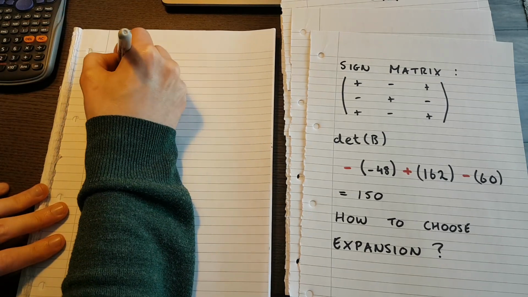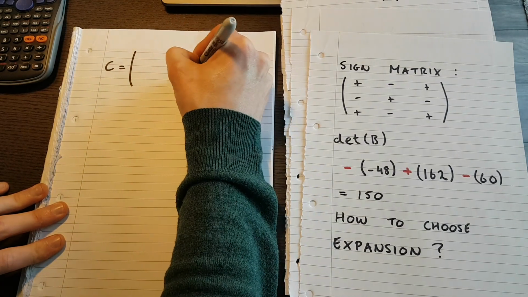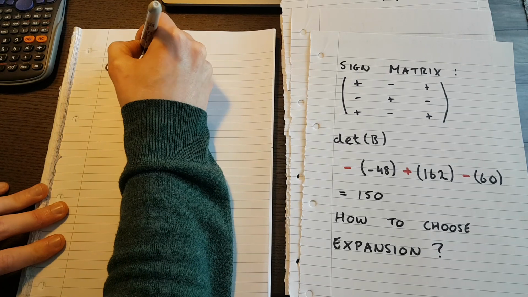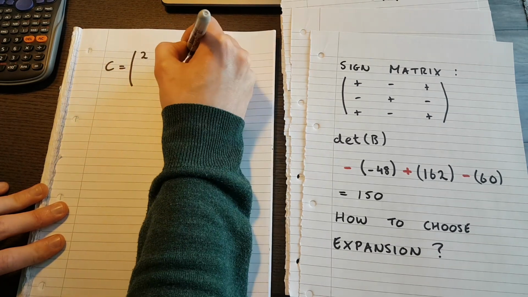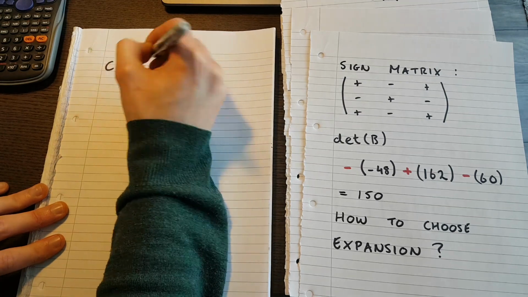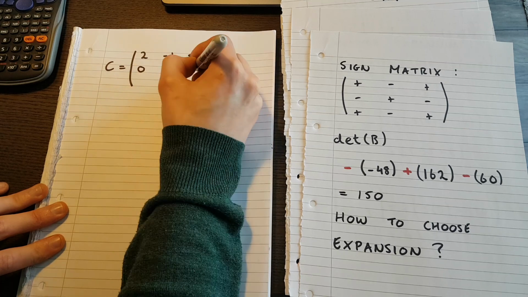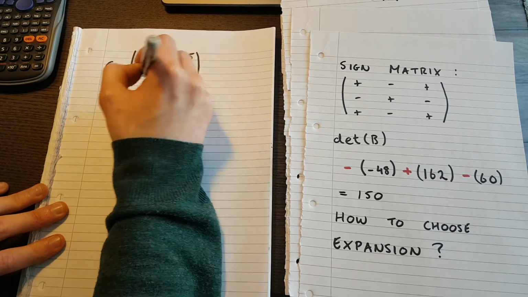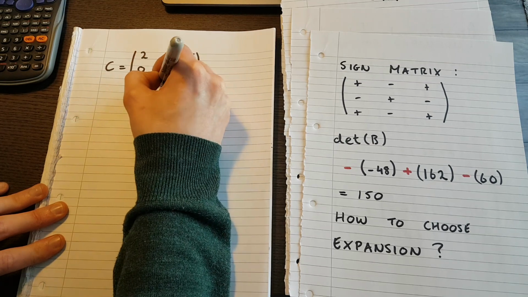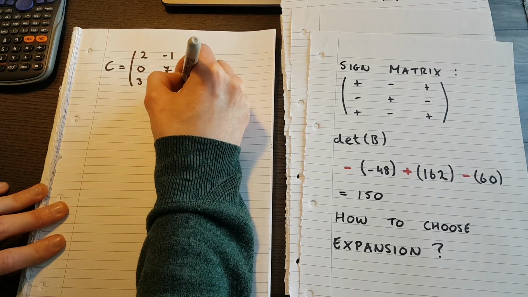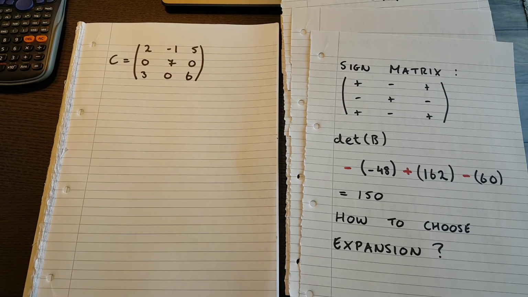I'm going to call it C. We're going to say that C is the matrix, I need some numbers, let's go with 2, minus 1, 5, 0, 7, 0, and then 3, 0, 6.